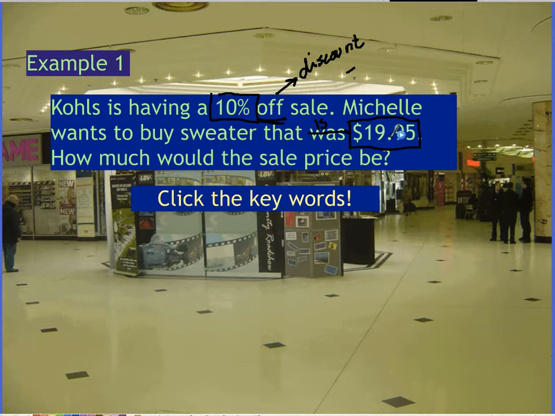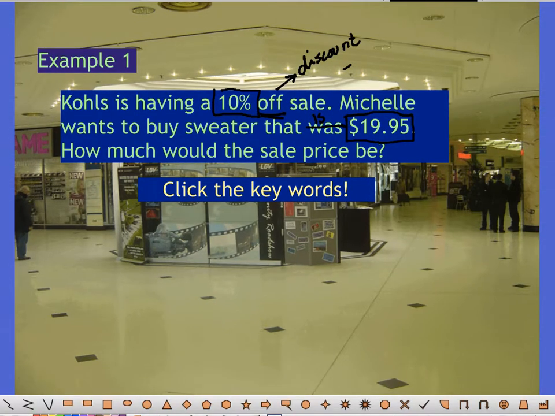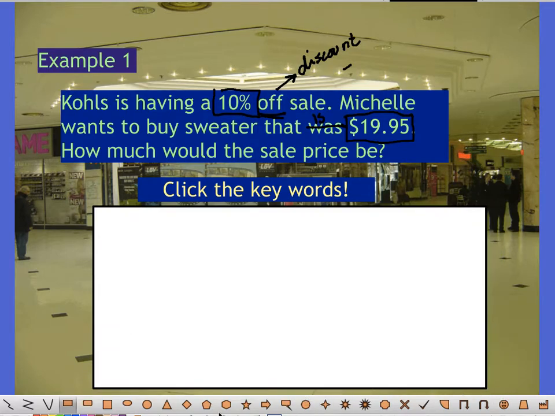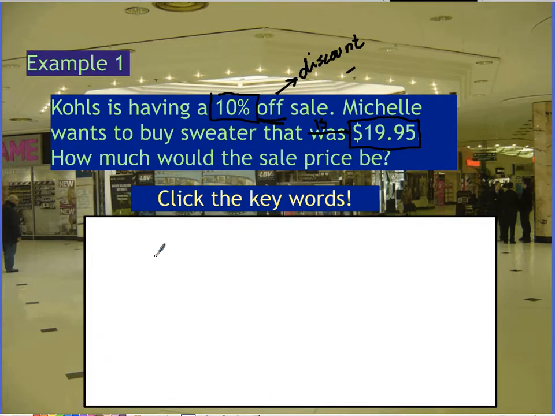Right? So here, our original price, and I'm actually going to put a white box in here so we have some space to write where you can see it. There we go. So you have to, again, identify your percentage, your total, your whole, or your part. So total and whole are kind of the same thing. When we talk about total, we're talking about like your total bill or your whole bill. So your percent in this case is 10.